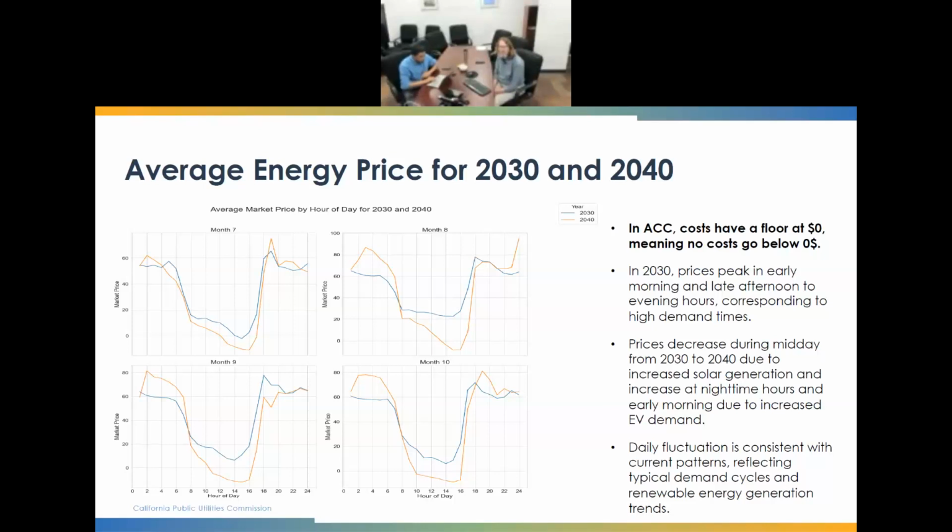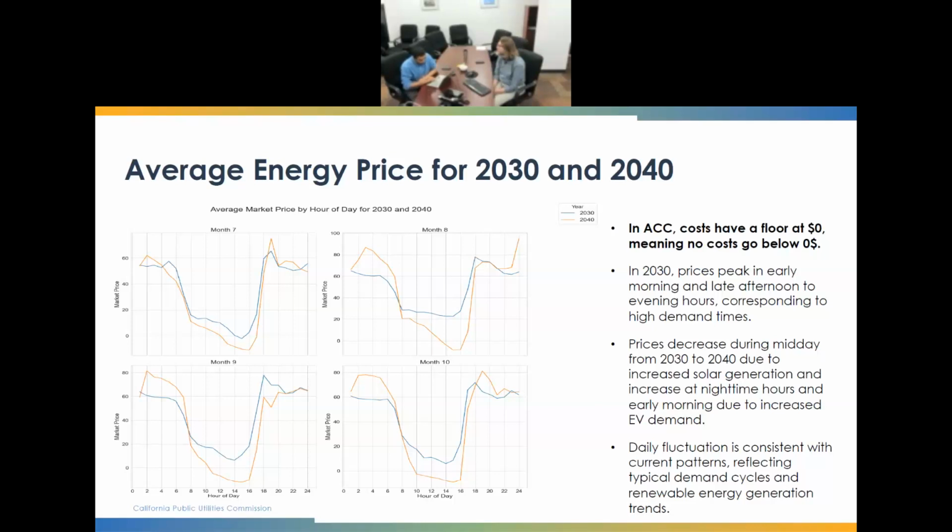So in 2030, you see the peak in early morning and afternoon, corresponding to the high demand times. Net demand. So you totally see what solar is doing in the middle of the day. So the net load. Yeah. So the price decreases in the midday from 2030 to 2040 because there's increased solar generation, and there's an increase at nighttime hours and early morning.